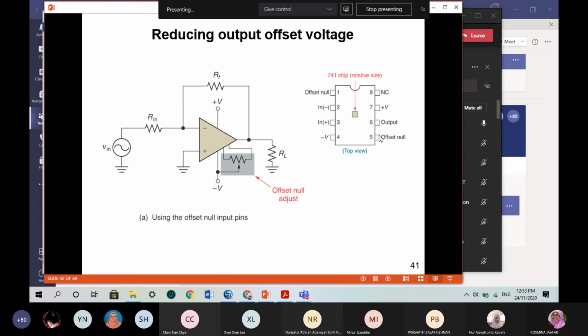The offset null is connected at pin number 5 of a 741 op-amp, and you adjust the potentiometer until the voltage is 0.